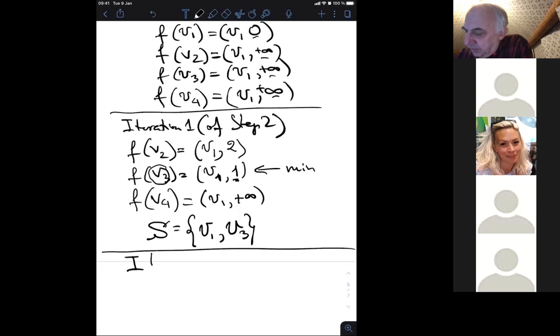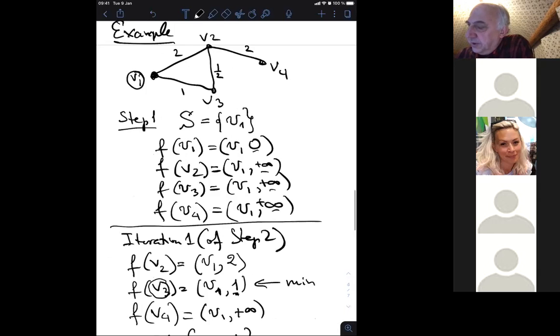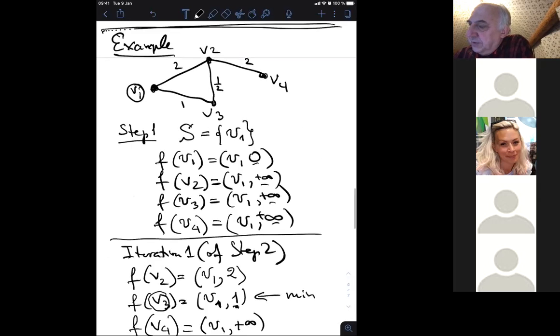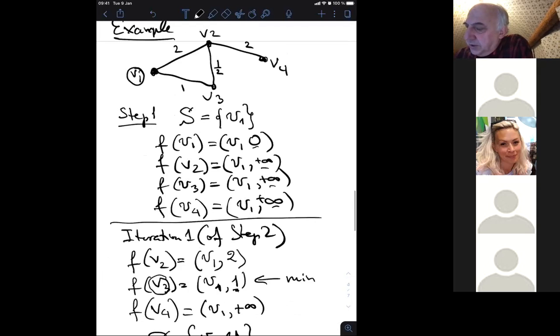Okay, I'm re-entering my step 2. Now my complement consists of 2 vertices, V2 and V4. Now I have to look again. Is there a path to my new set S, which now consists of these 2 vertices, V1 and V3, which is shorter than my current label?